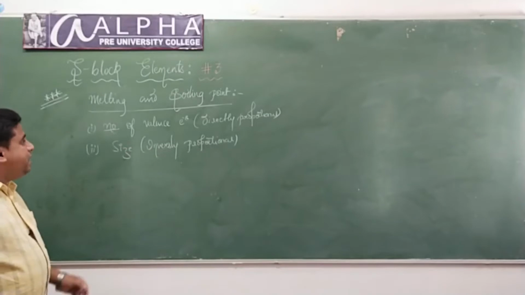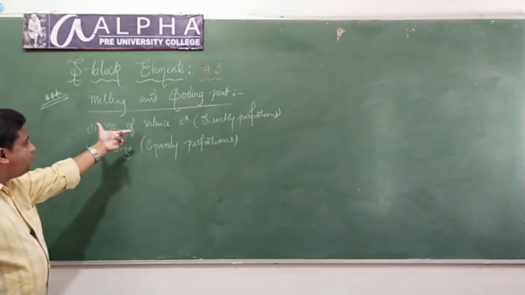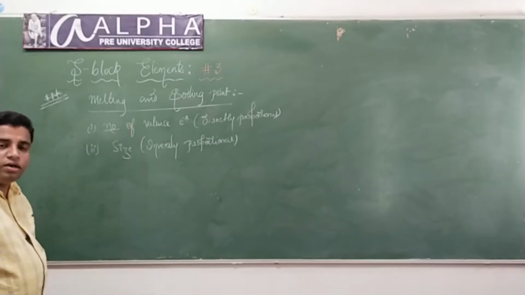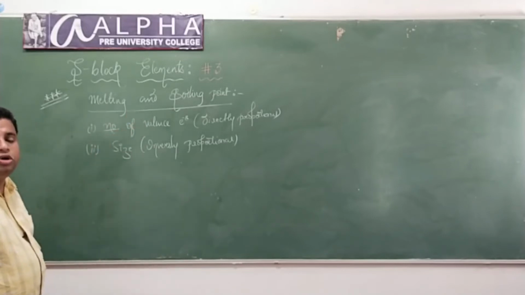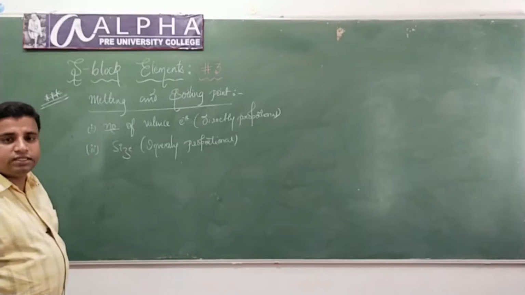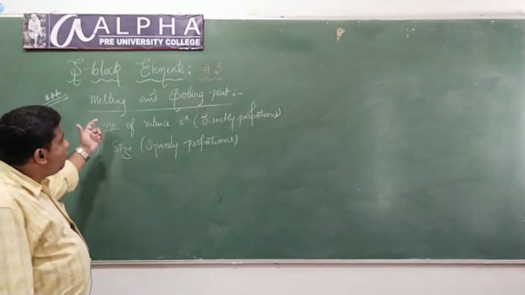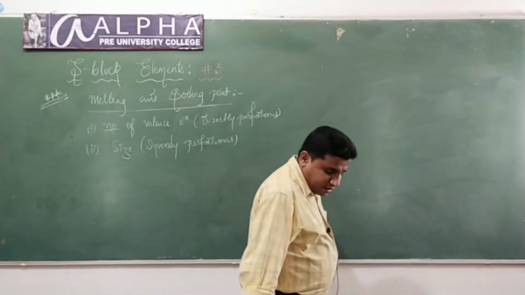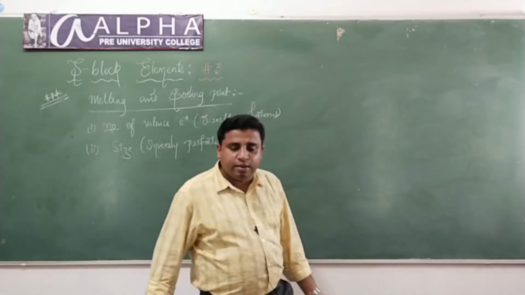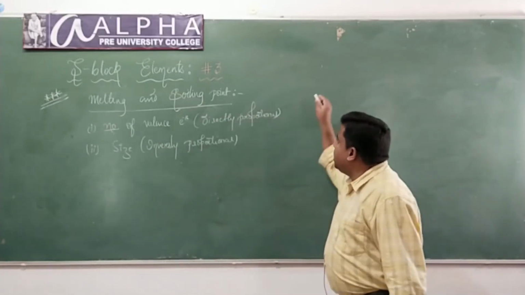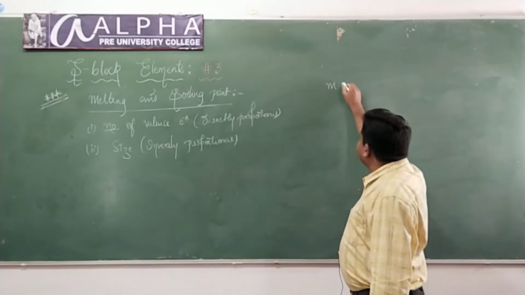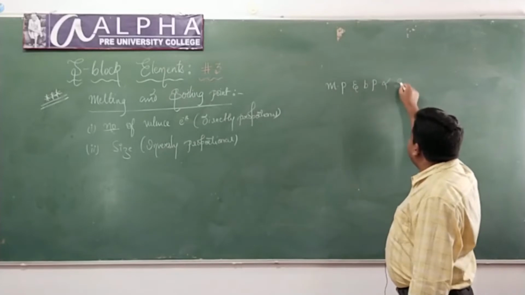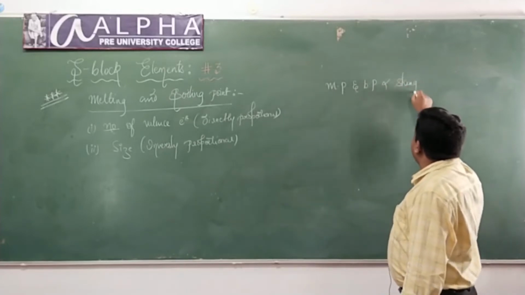This means to say melting point and boiling point are directly proportional to the number of valence electrons. They are inversely proportional to size. Are you getting my point? We have also learnt in chemical bonding that melting point and boiling point depend upon the strength of the bond, correct?